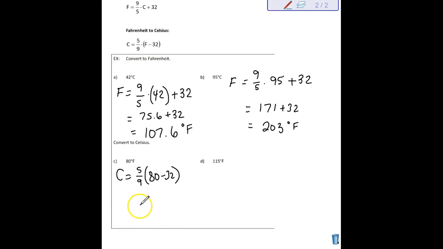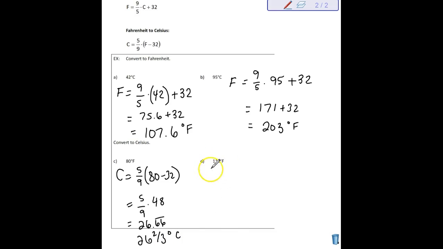When I do 80 minus 32, of course I get 48, so I'm taking my 5/9 times 48, and what I get here is 26, and then it's 0.666 repeating. So I would say 26 2/3 degrees Celsius.